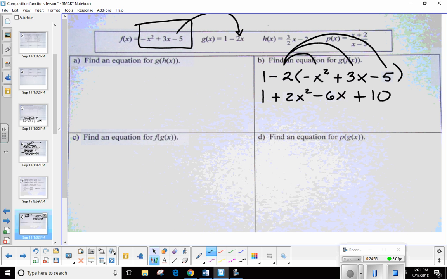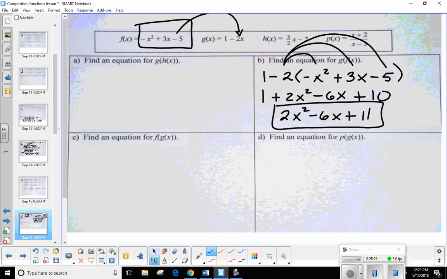See, it's just really a review of Algebra 1, just your basic skills. What are my like terms? What are the only two I can combine? The 1 and the 10. Can't combine the x's, so I have to say 2x squared minus 6x plus 11. There's my function. How we doing?